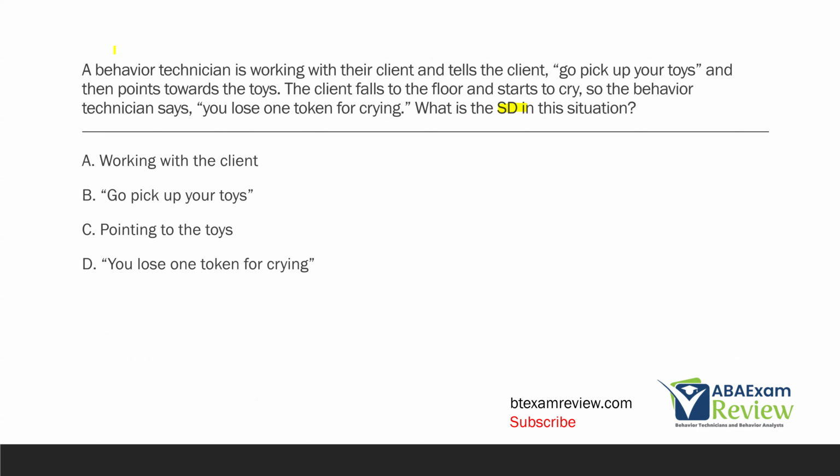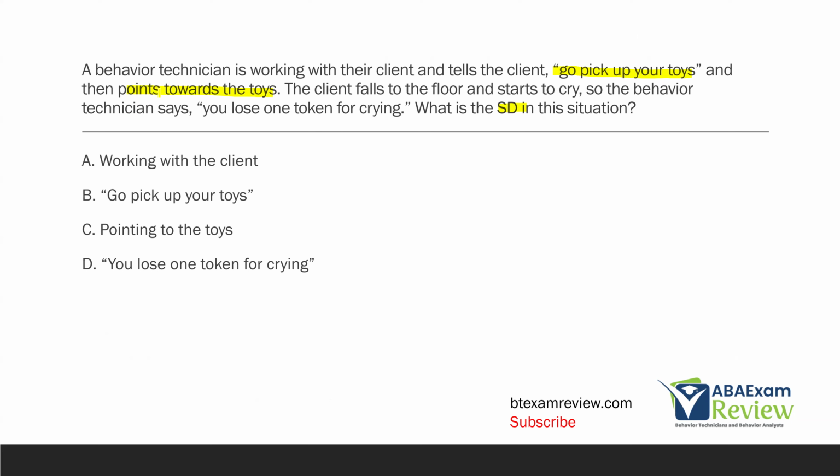So we're looking through this question. We see that the behavior technician is working with the client and tells the client, go pick up your toys, and then points toward the toys. Now, the SD is typically going to be the instruction, or it's going to evoke some sort of behavior. When we see go pick up your toys, you would expect the response to follow, but instead, the technician then points toward the toys.